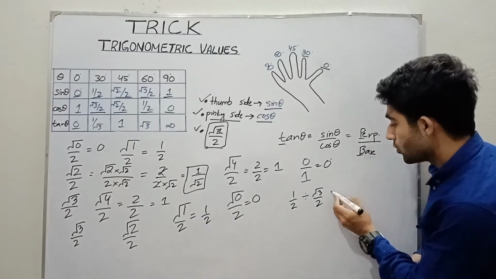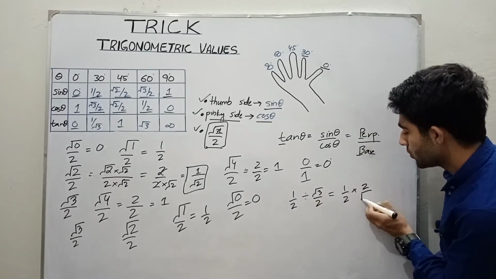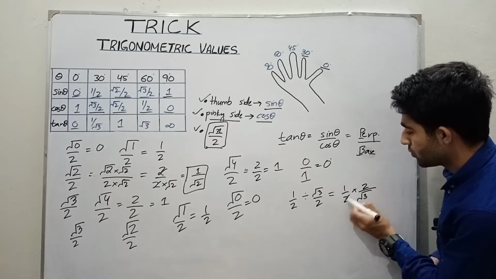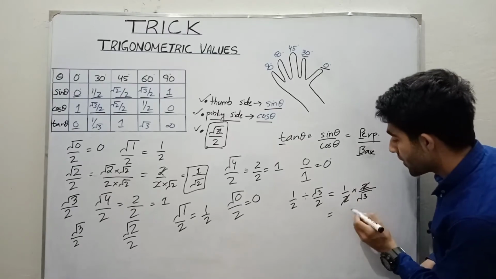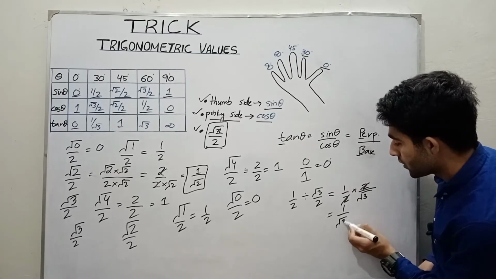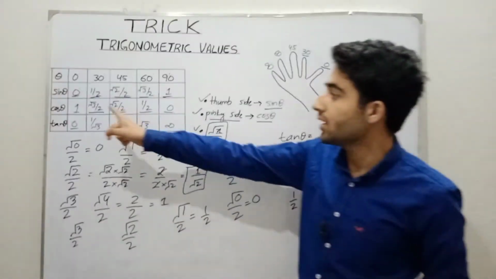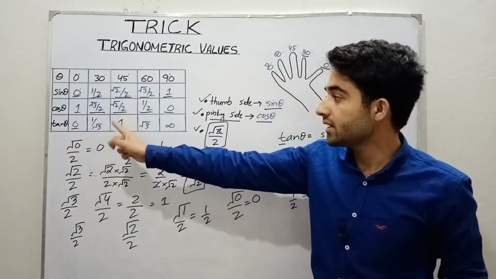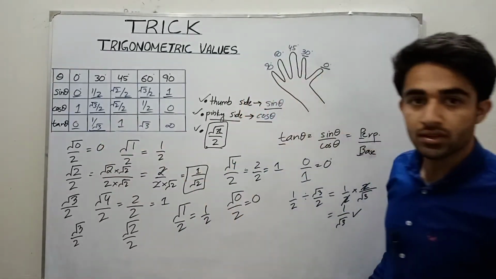So 1 by 2 multiplied by 2 under root over 3, so 2 is cancelled. The remaining value is 1 by under root 3. So 1 by under root 3 is the right option for the tan theta at the angle 30 degree.